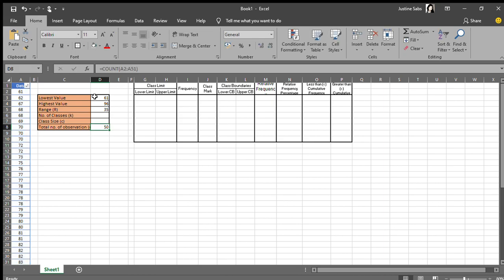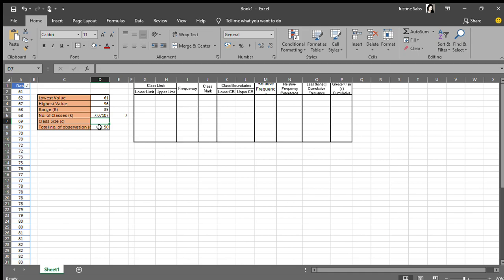I have 50 observations in this case. For the number of classes, the function is equal sign, SQRT, parentheses, then select the cell for n, the total number of observations. We have here 7.